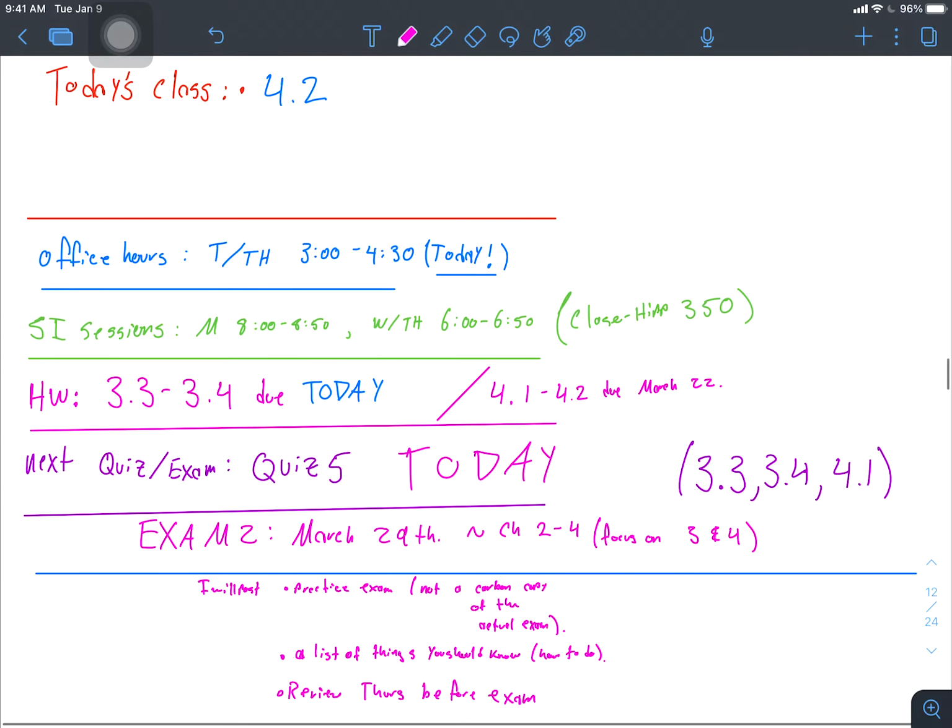That said, there's definitely material from chapter 1, which if you don't know how to do it, will make things difficult on the exam, just because it's baked into some of the problems. Does that answer your question? Yeah, so the focus will be on chapters 3 and 4. Any other questions?